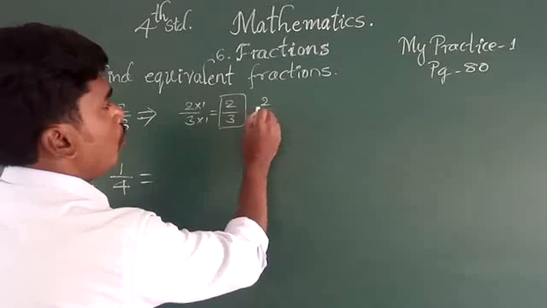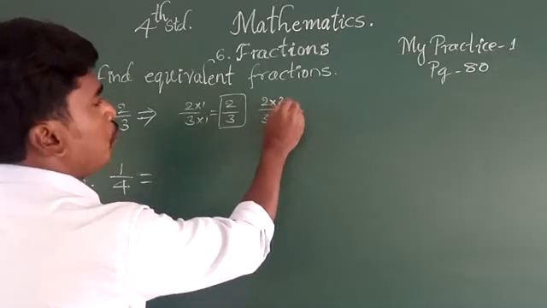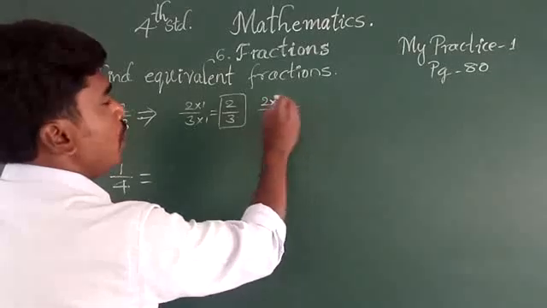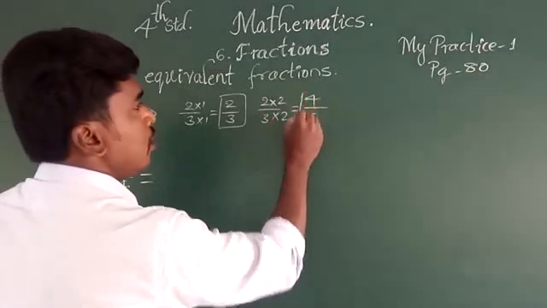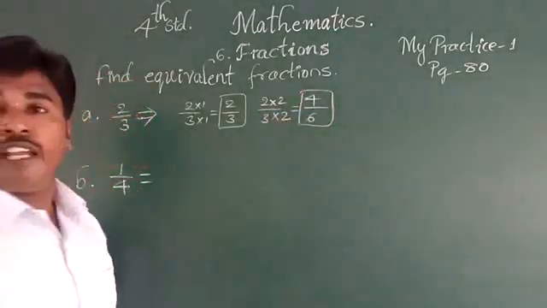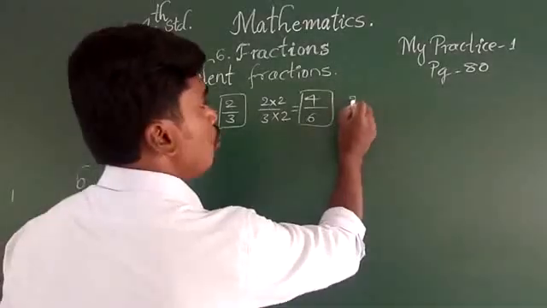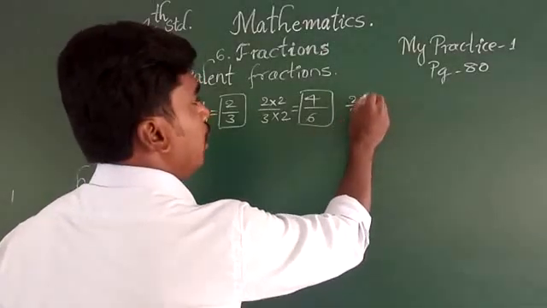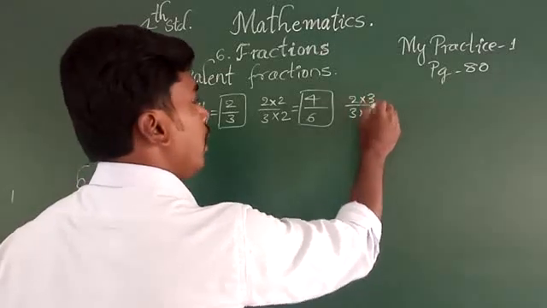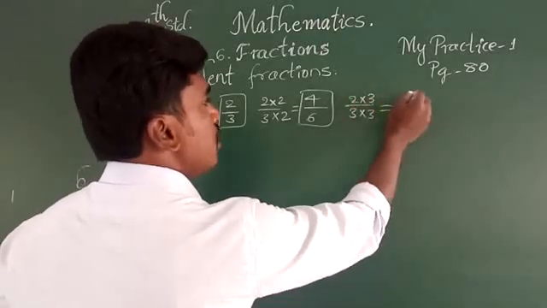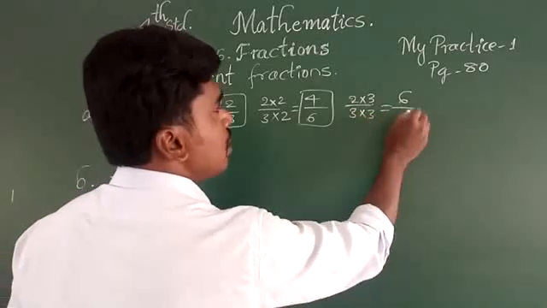Next, 2 by 3 multiplied with 2. Again 2. So 2 2's are 4, 3 2's are 6. 4 by 6 is another equivalent fraction. Next, 2 by 3 multiplied with 3. So 2 3's are 6, 3 3's are 9.